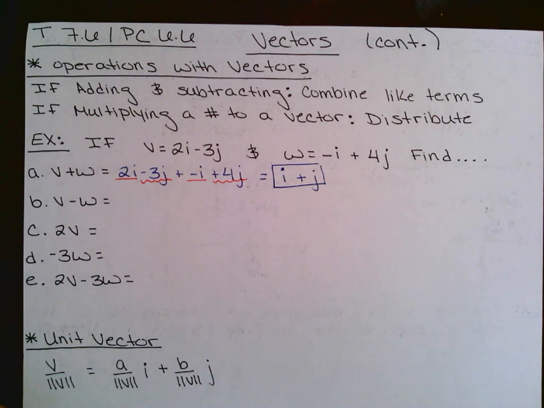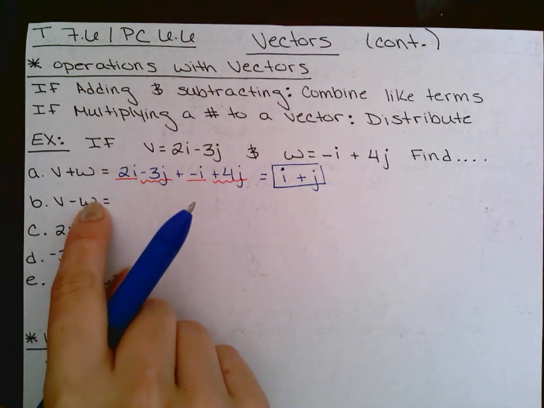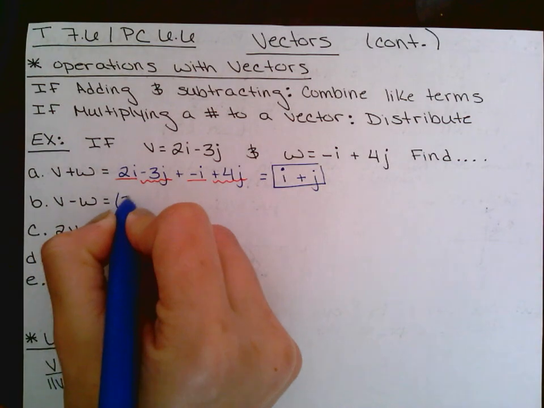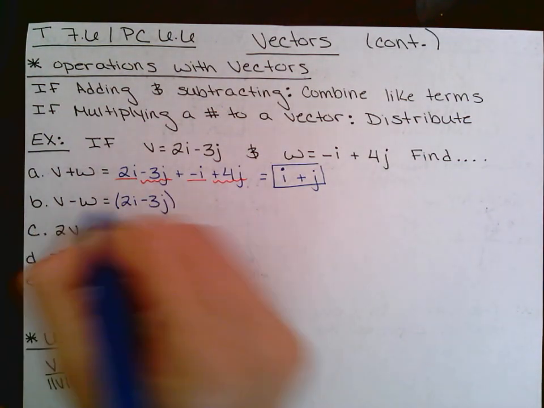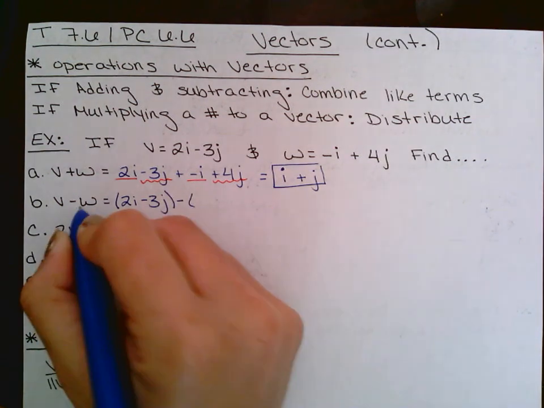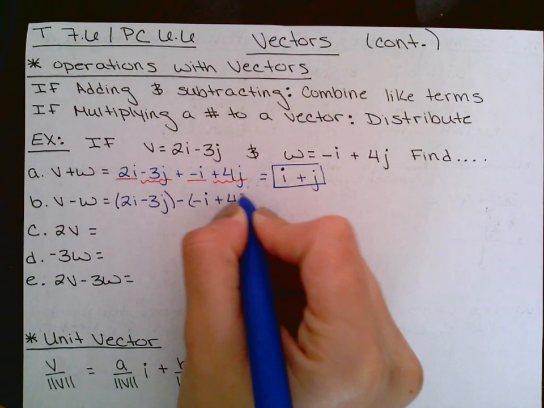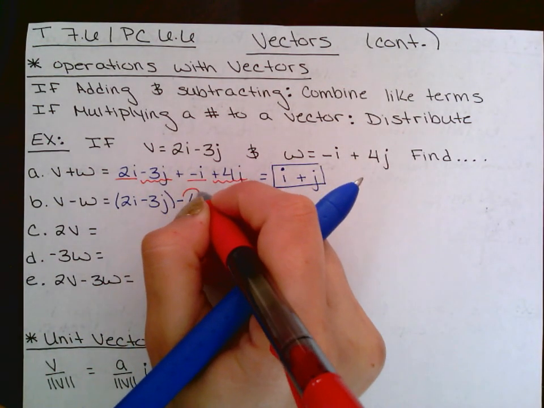Let's look at the next one. The next one has subtraction, and just like in early algebra, you have to make sure that negative gets distributed to the w. So I'm going to write this one a little slower. Let's write my 2i minus 3j, okay, that's my vector v, minus my vector w. And then now I have to distribute this negative.